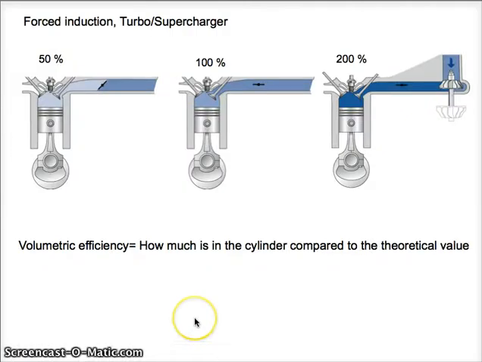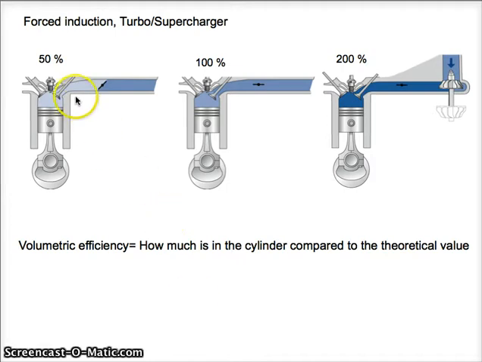Let's talk about volumetric efficiency and forced induction. The volumetric efficiency is how much is inside the cylinder compared to the theoretical value. For example, if you have an engine where one stroke makes it suck in 1 liter of air, but inside the cylinder it's only half a liter of air, then the volumetric efficiency is 50%.